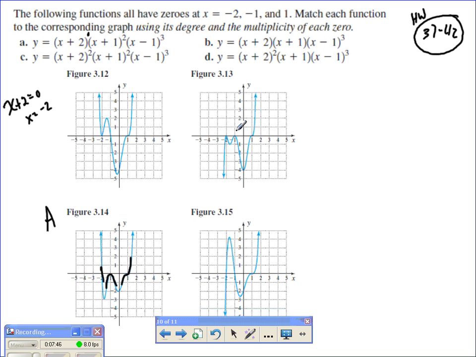Do the same thing on these other ones. Press pause now if you want, or you can listen to my explanation. In 5, 4, 3, 2, 1. Okay, this one's B, because when you look at B, it's a smooth crossing at -2. When you look also, the degree is 5, okay?